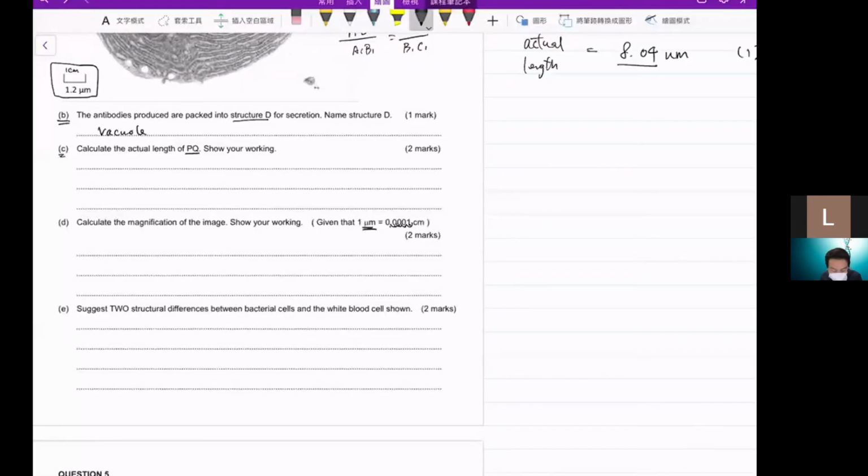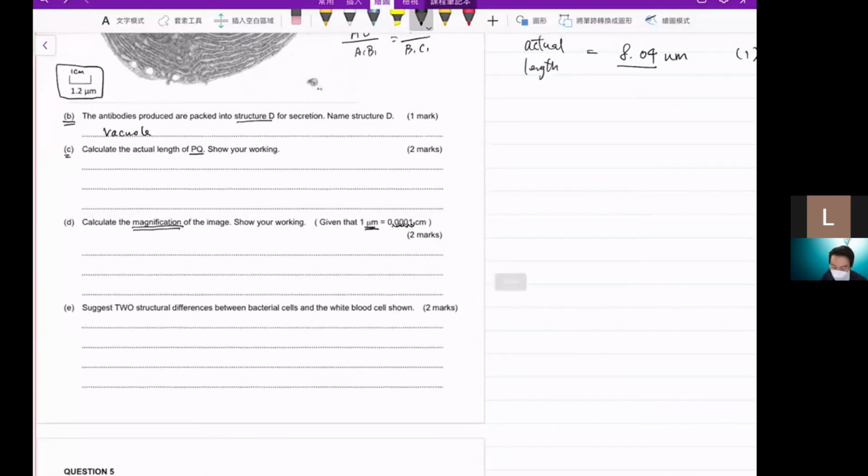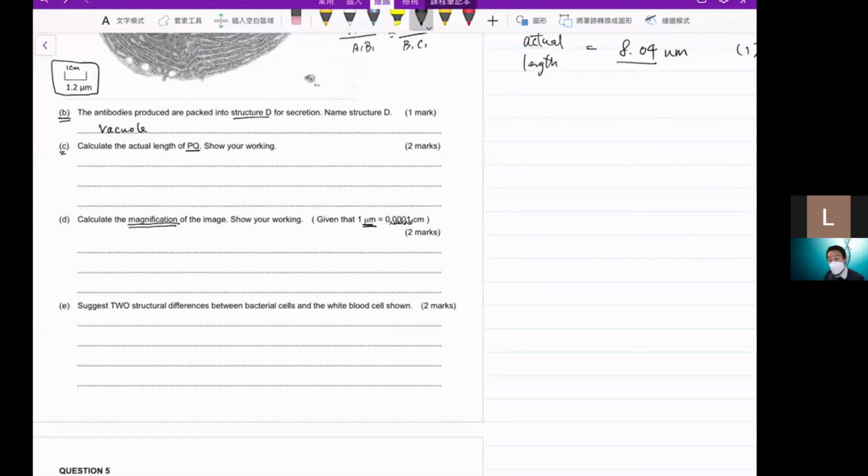For question D, it asks you to find out the magnification. I've already told you the method when we did the worksheet for microscopic diagrams. Magnification means how many times it is enlarged. Very easy.